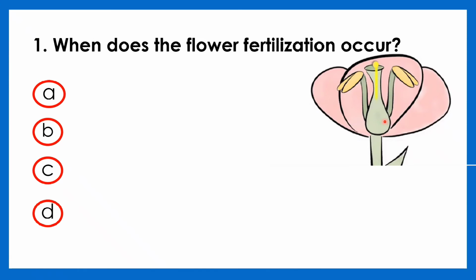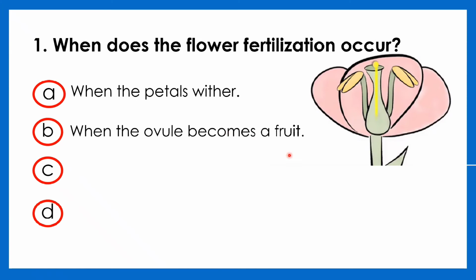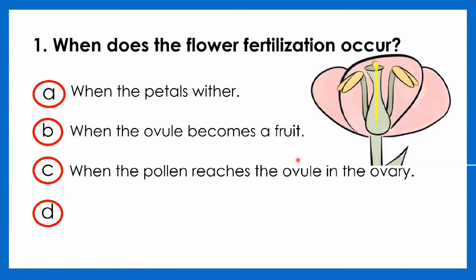fertilization will occur. So letter A, when the petals wither. Letter B, when the ovule becomes a fruit. Letter C, when the pollen reaches the ovule in the ovary.